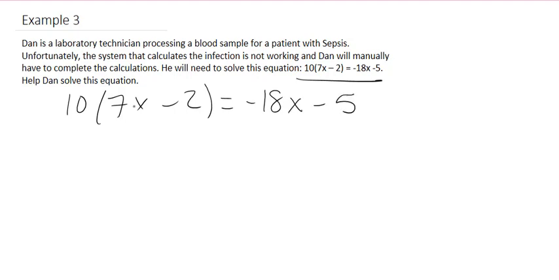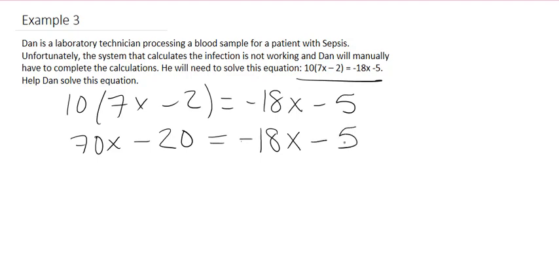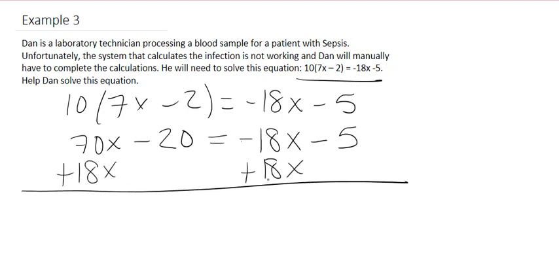So 10 times 7, which is 70x. 10 times 2 is minus 20, because we want to make sure we have that minus sign there, which is equal to negative 18x minus 5. So let's go ahead and add 18x to both sides. So that becomes 0 on the right hand side, and we're just left with negative 5.